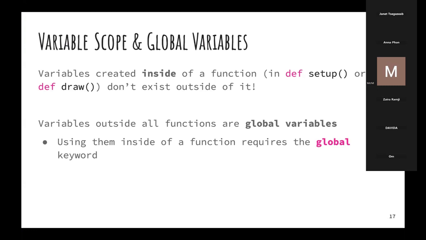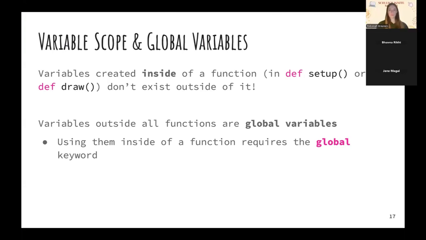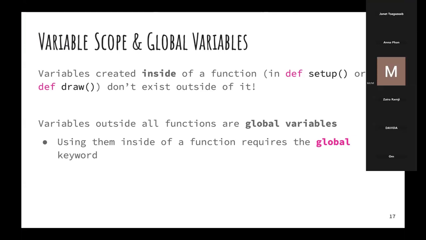You can't call x inside of def draw and create a square of size x, because it won't know what x is outside of that function. Variables outside of all functions are global variables, so using them inside of a function requires the global keyword.